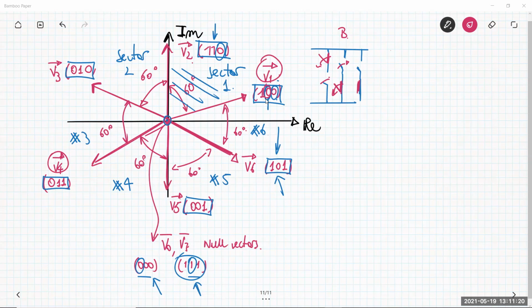Anyway, here I'm not saying that you are activating one phase at a time. Pay attention, okay? The 1, 0, 0 is related to the switch that I'm closing or opening, okay? 1, 0, 0 means exactly that I'm closing S1 and the switches S3 and S5 are open, okay?